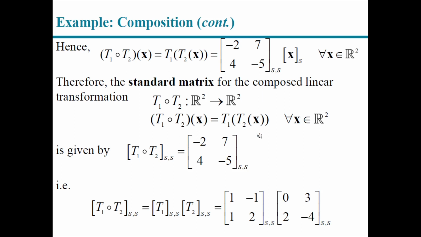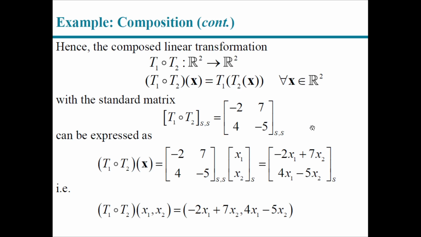So that's simple. Now if I want to get more specific, this is the same details of the process, just the product of these two matrices in the correct order, you see, T1, T2. So standard matrix for T1 times standard matrix for T2, do the product, you get the standard matrix for the composition T1 circle T2.